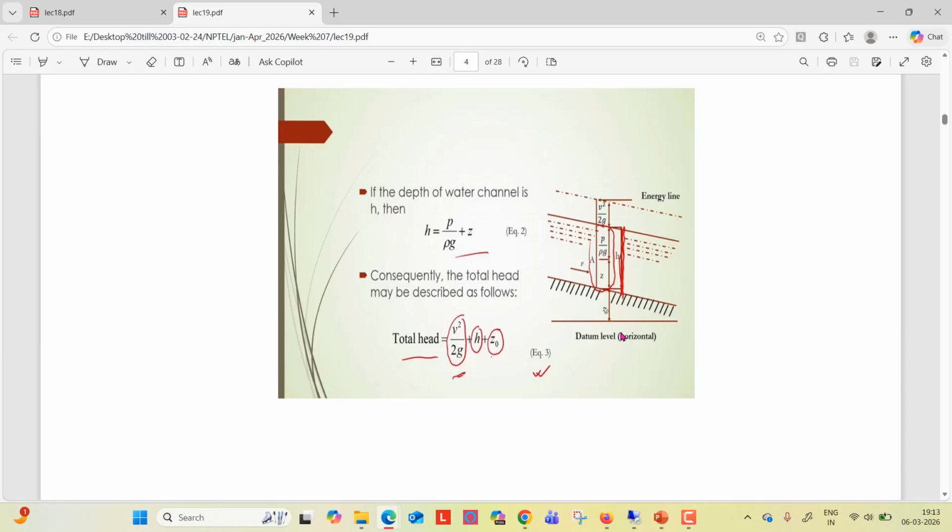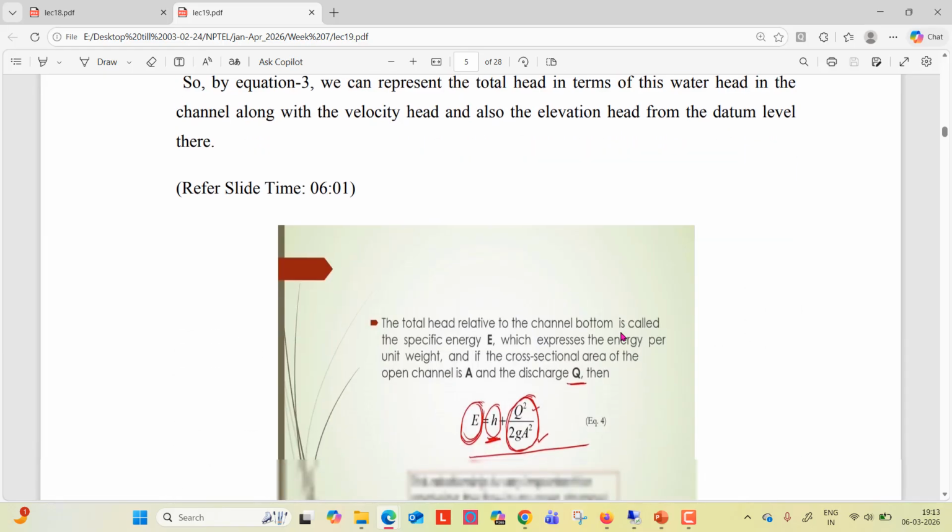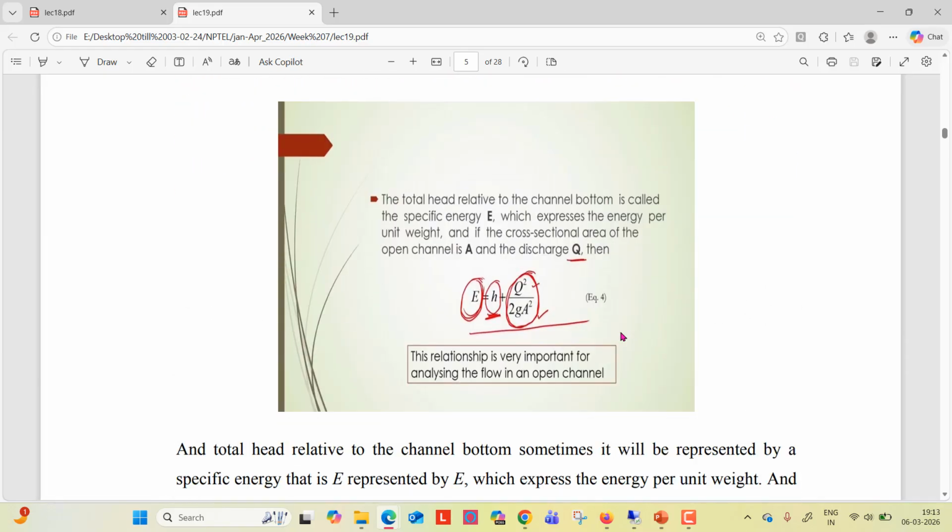Now what is happening? It is written that the total head relative to the channel bottom is called the specific energy E, which expresses the energy per unit weight.